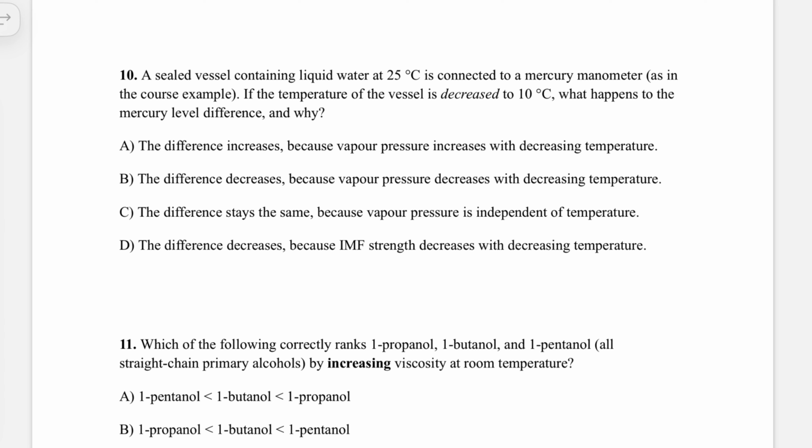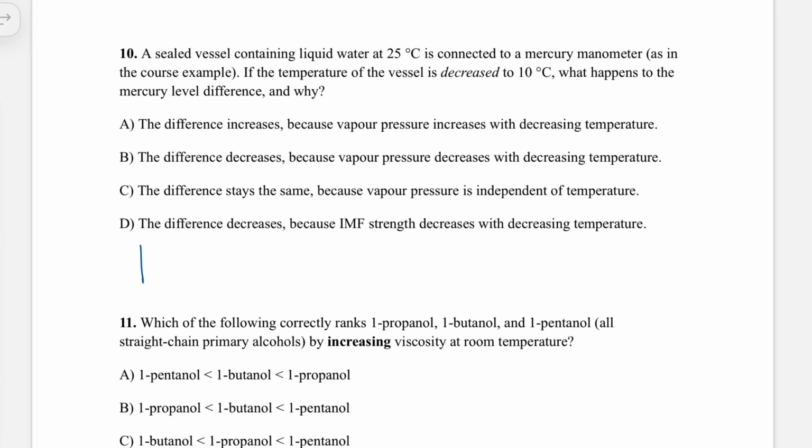Question 10. A sealed vessel containing liquid water at 25 degrees Celsius is connected to a mercury manometer. If the temperature of the vessel is decreased to 10 degrees Celsius, what happens to the mercury level difference and why? So this mercury manometer that was in the slideshow, I'm going to draw it out right now. So it looks something like this.